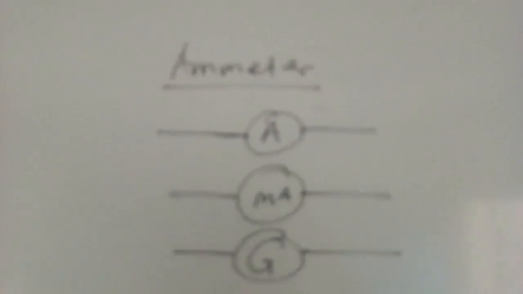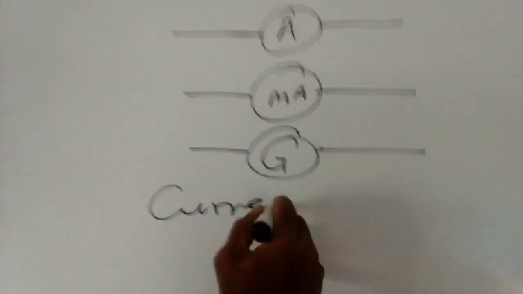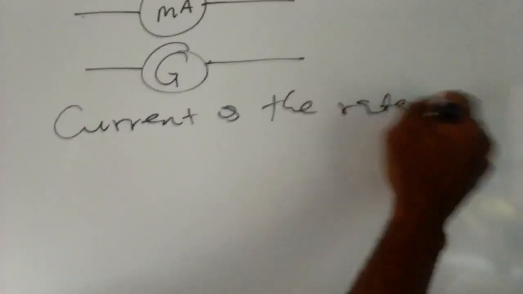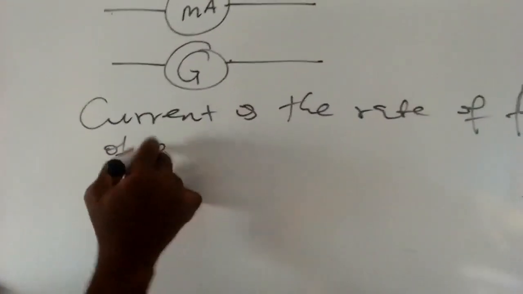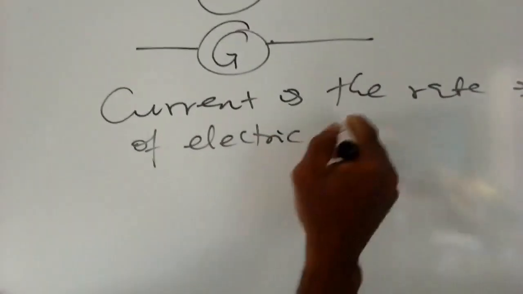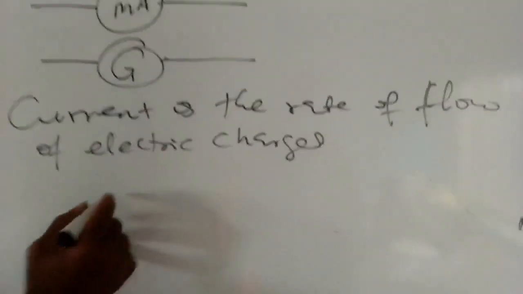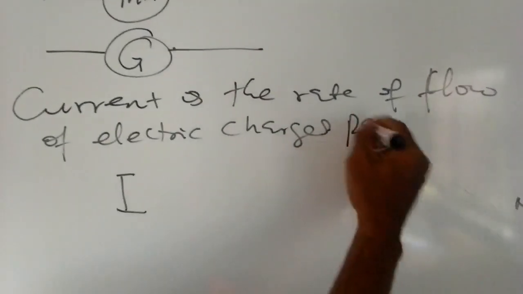Now, what is electric current? We say in physics that current is defined as the rate of flow of electric charges. The rate of flow of electric charges is what we call current. And then current is obtained from this definition, per unit time.